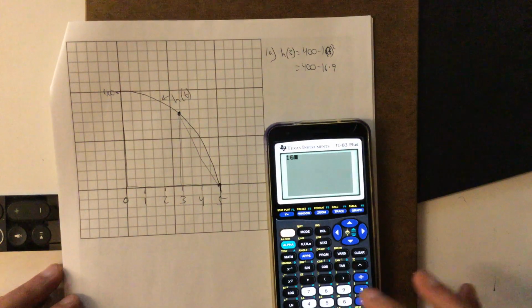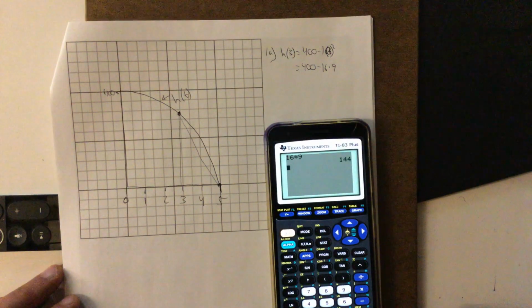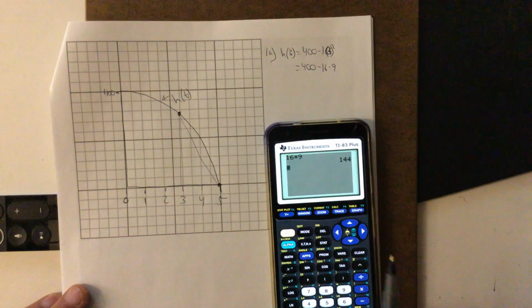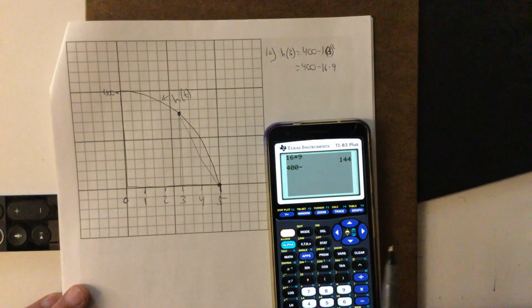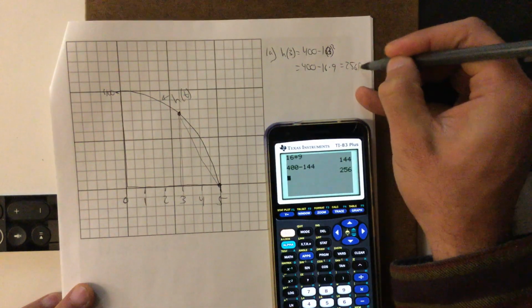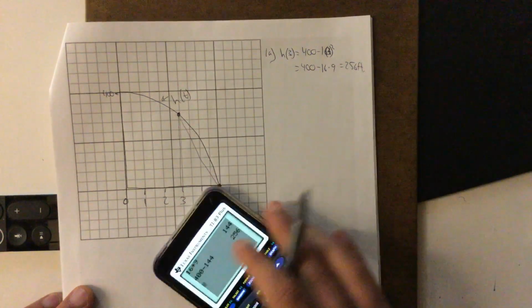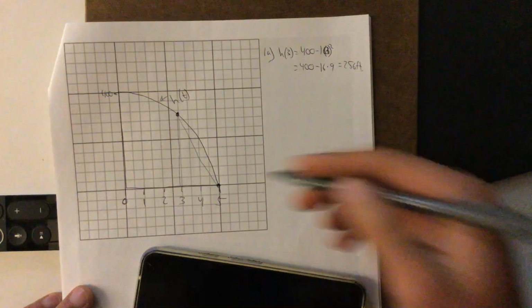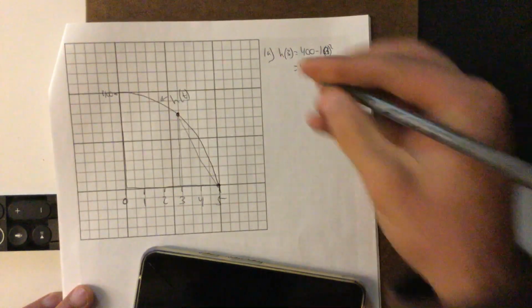Let's see, 16 times 9 is 144. So 400 minus 144 is 256. So you know it's traveled 256 feet is our answer right here.